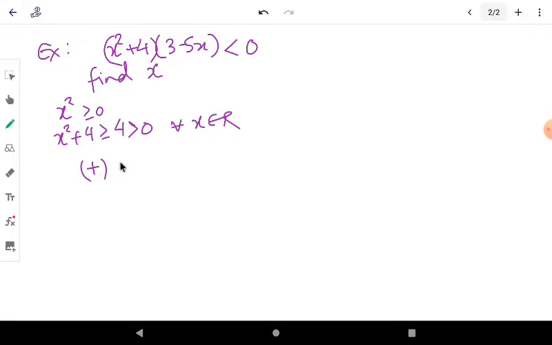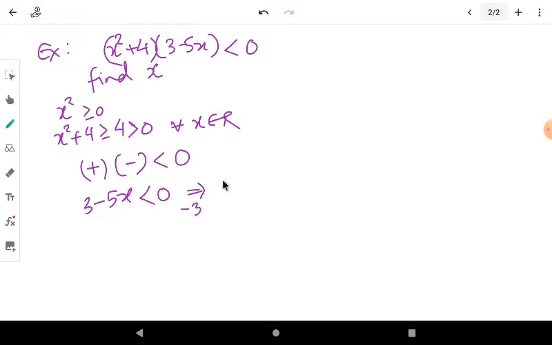The condition we need to impose is on the second factor, which has to be negative so that the product is negative. The second factor is 3 minus 5x, which has to be negative. So 3 minus 5x should be negative.